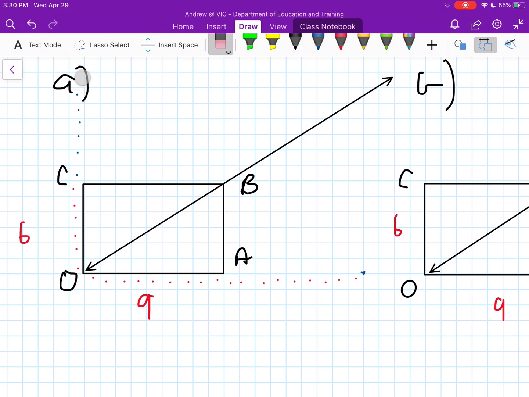I'll get rid of this here. Okay, so this will go up there. So I'm just going to draw over this, and sorry I don't have a ruler on this, but you would do it with a ruler. So that there.